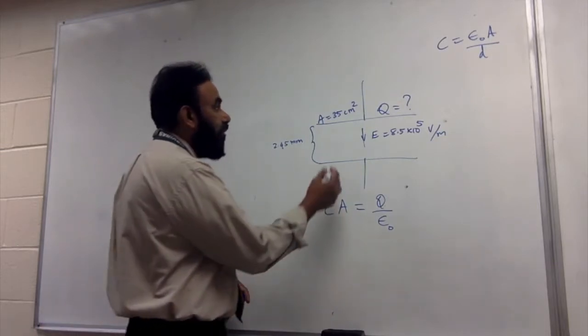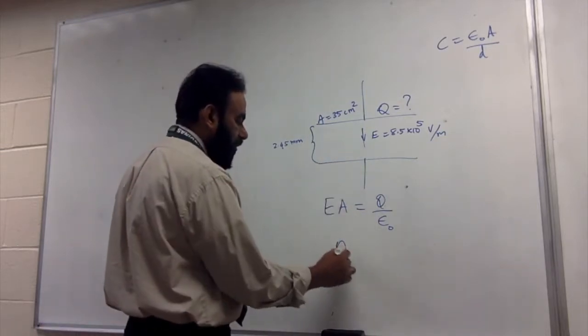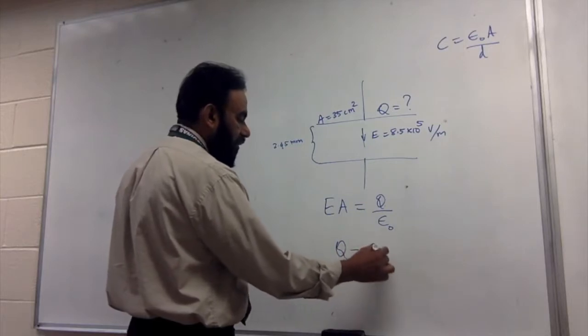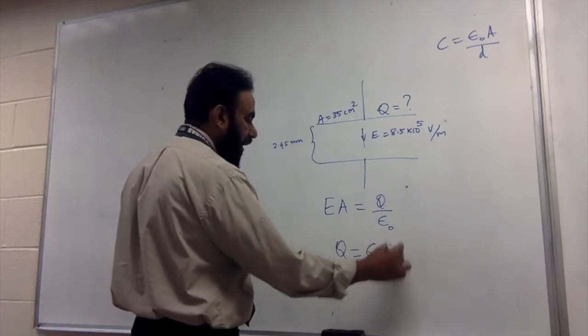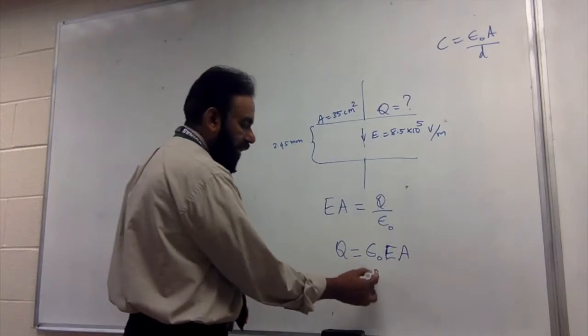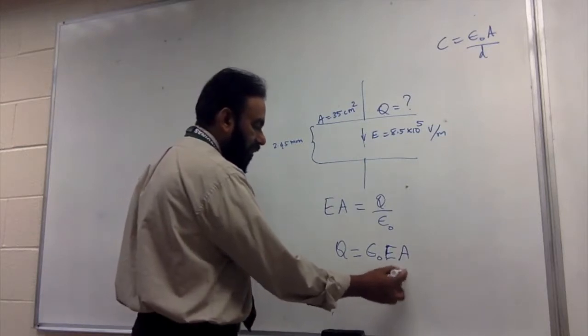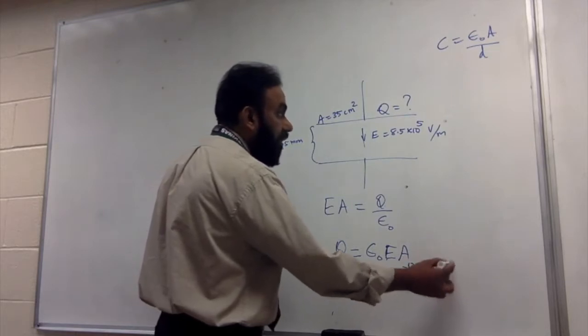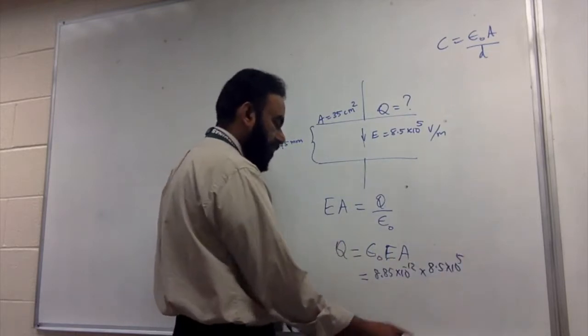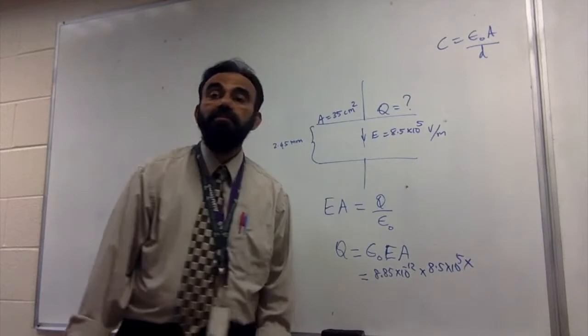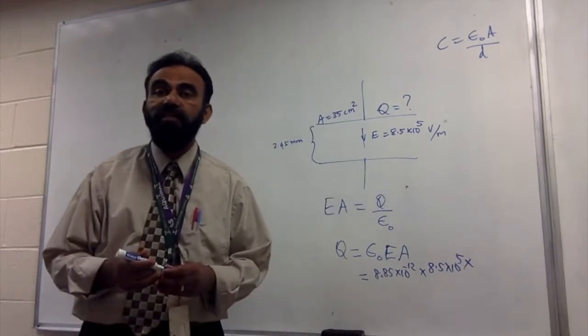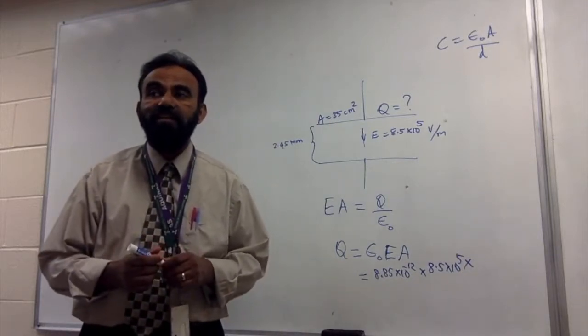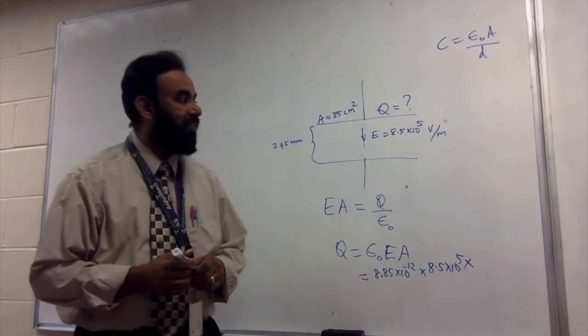So substitute. What do you want? Q, so Q is equal to epsilon naught E A. So 8.85 times 10 power negative 12 times 8.5 times 10 power 5 times 35 centimeters square, times 10 to the power of negative 4.